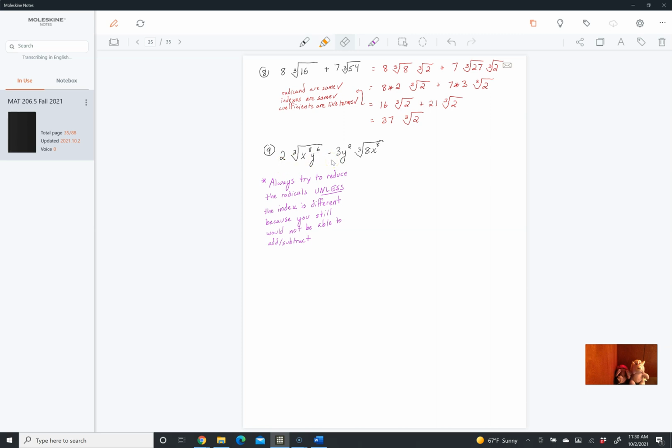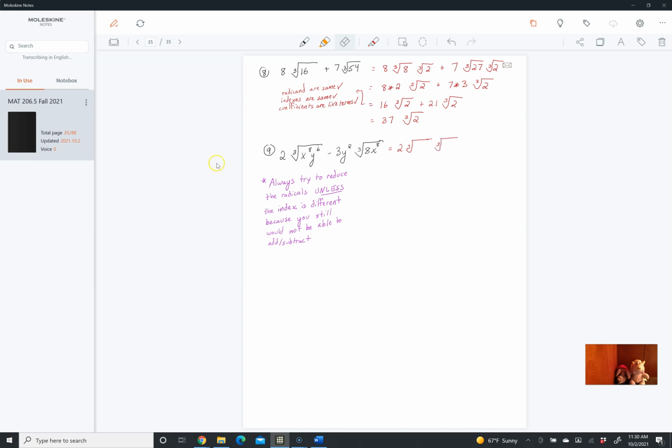We worry about that after we reduce, after there's nothing else left to do. So each one we break up into perfect cubes, and then what's left over. So we have the perfect cubes for x to the 8th, y to the 6th, and then what's left over.